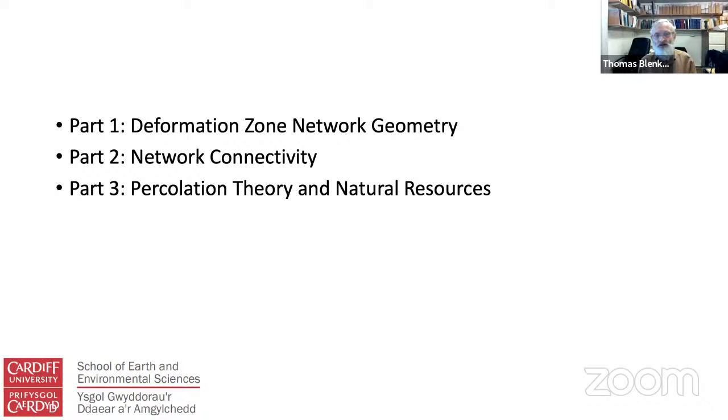We then go on to consider another aspect of networks, connectivity, before taking a somewhat speculative view of the relationship perhaps between percolation theory and natural resources. And here I'm going to stray a little bit from the strict ore deposits purview of this group into including hydrocarbon resources as well. But I think they illustrate the same sorts of principles.